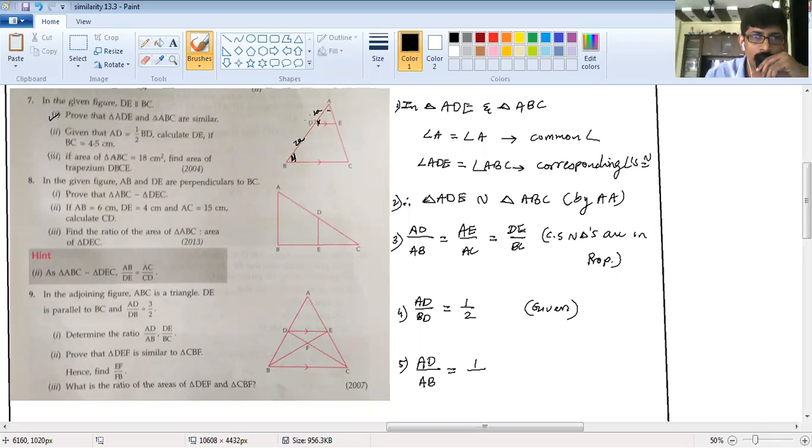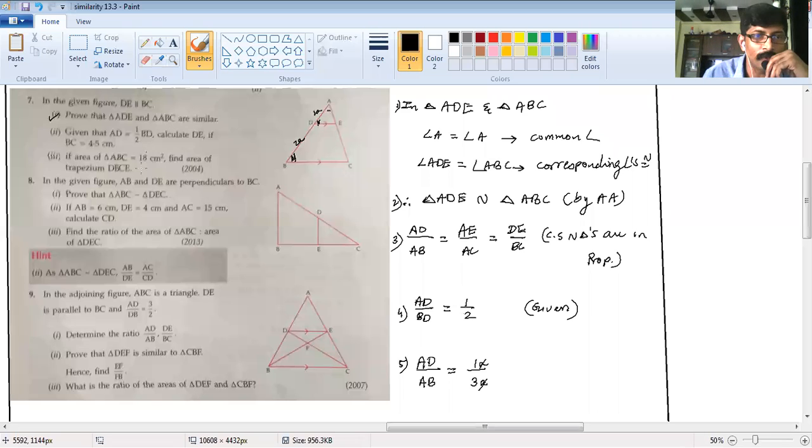So total AB is going to become 3A. So that will become 1:3. So if we write A upon 3A, that A and A will get cancelled. So the ratio becomes 1:3. I hope you understood that, students. Why is AD upon AB 1:3? Because of that simple calculation, 1A and 2A.